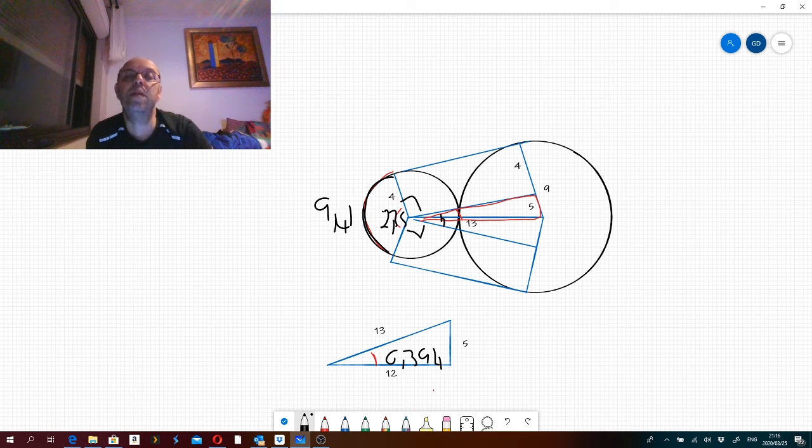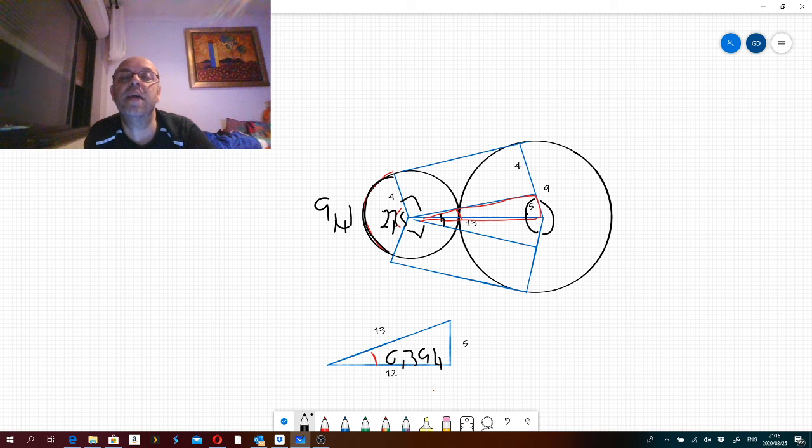I'm going to do a similar thing on the other side, but I don't really have to work out too much else, because these angles here, this one and that one, which make up your full circle of 2 pi, are actually the same size, because you can see we've got the same types of angles here.